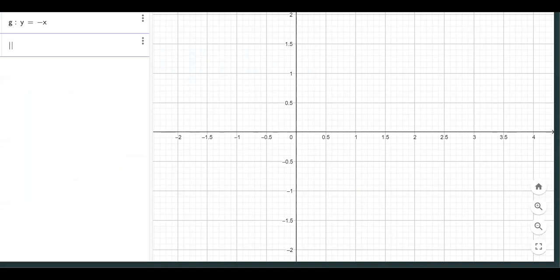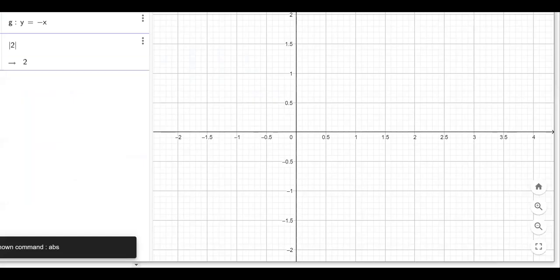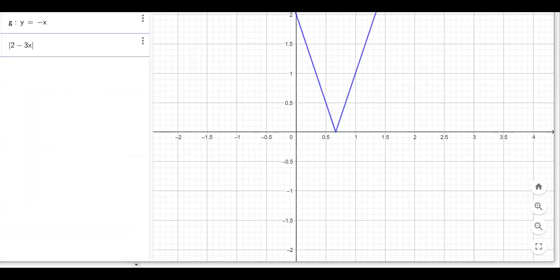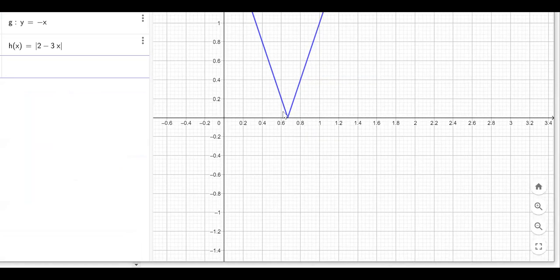Modulus of 2 minus 3x. This will be the graph. So at 2 by 3, it will be 0. And to the right and left, it will always be positive.